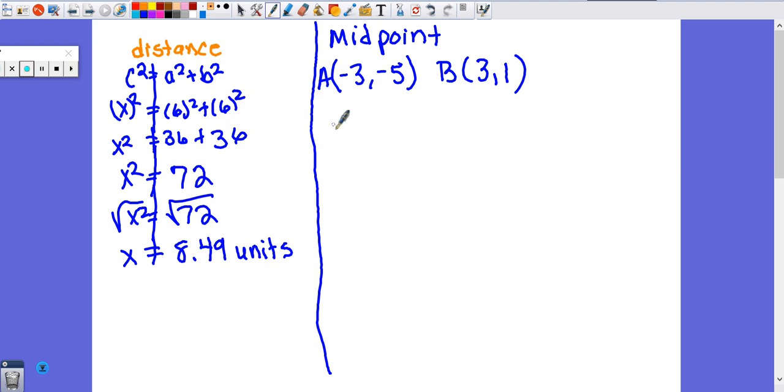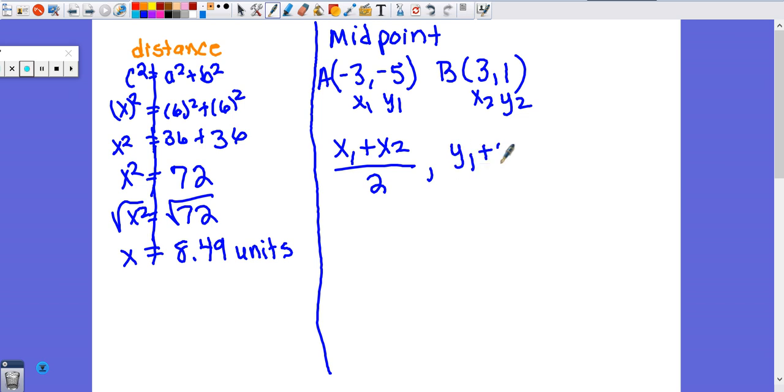So the midpoint formula, and if you can just remember, this is x1, y1, x2, y2. The formula tells you to take the two x's, x1 plus x2, add them together, and divide by 2. Take the two y's, add them together, and divide by 2.